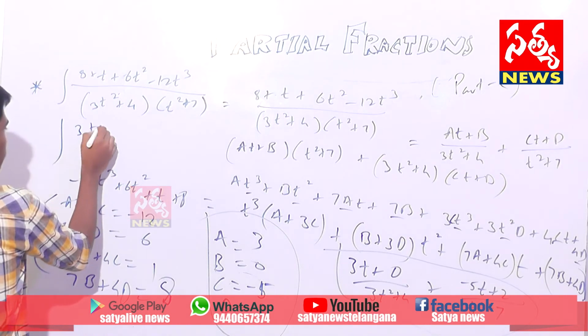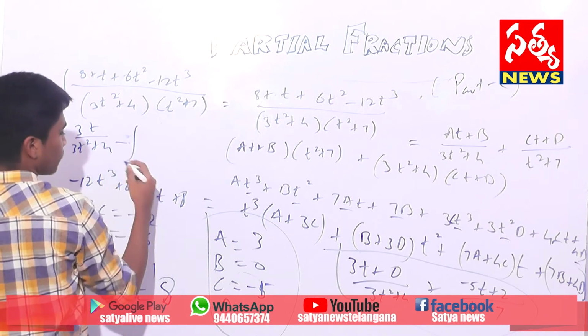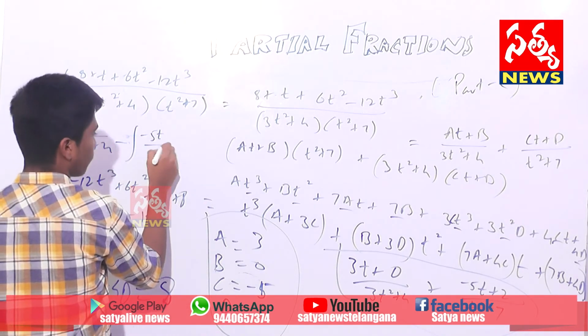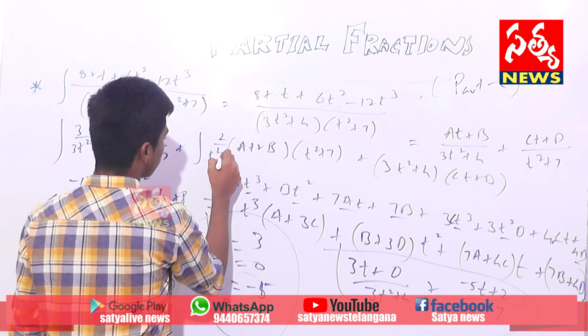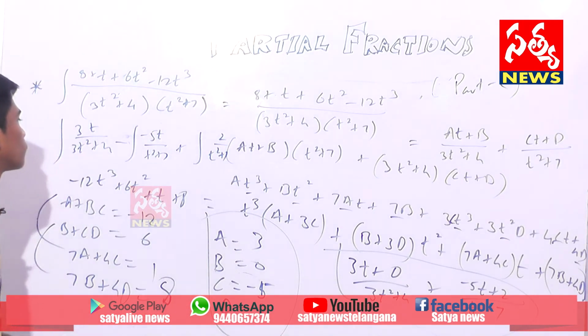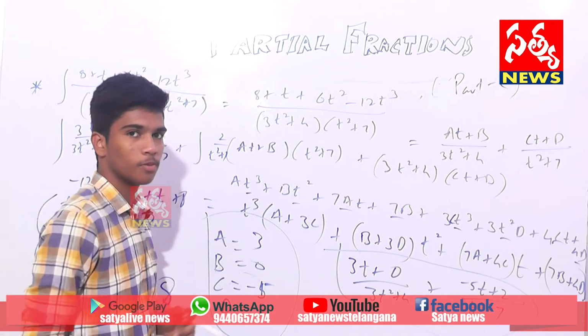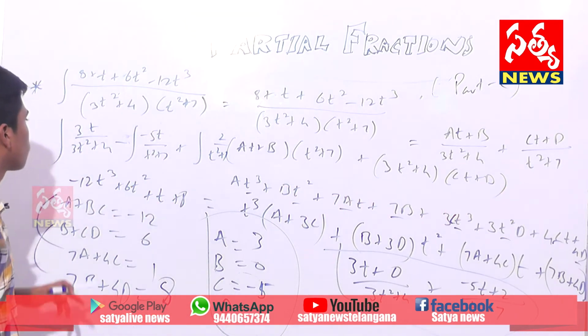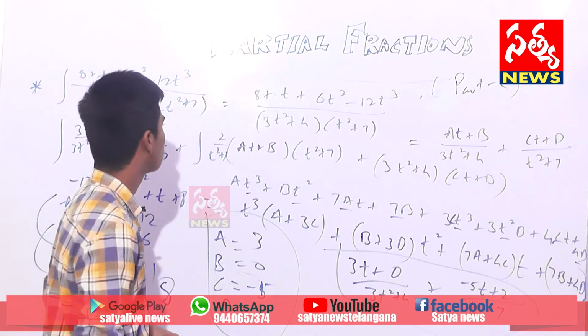Integration of 3t by 3t square plus 4, minus, we can separate the integration 5t by t square plus 7, plus integration 2 by t square plus 7. Okay, in this way we have to split the integrals. Afterwards directly by using the formulas we can do the integration.